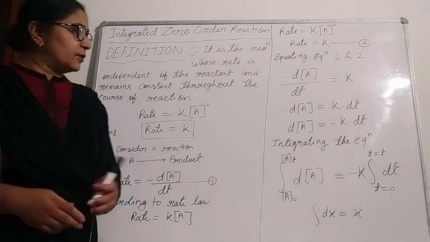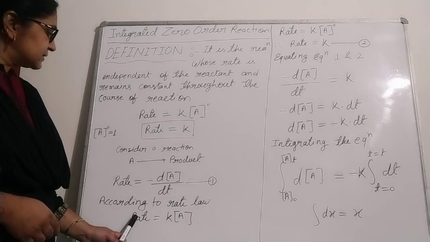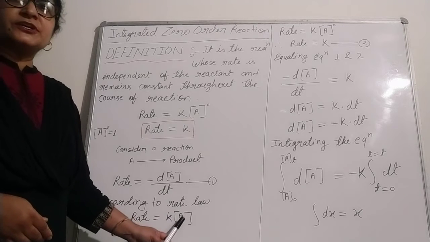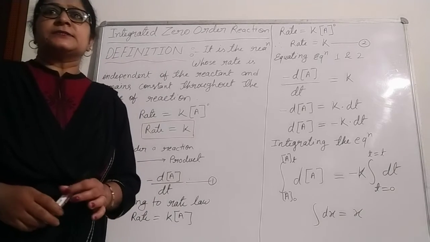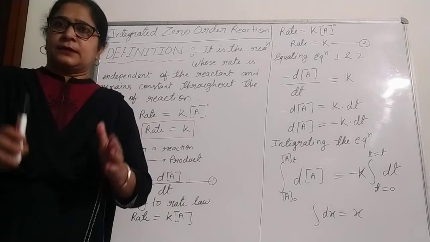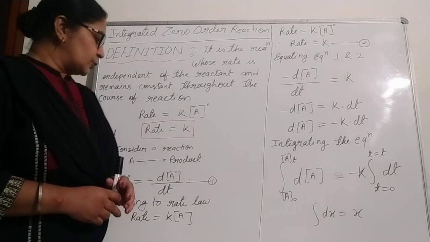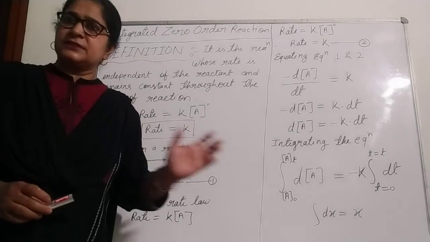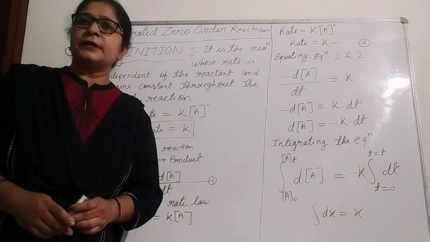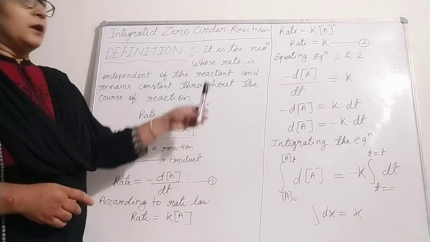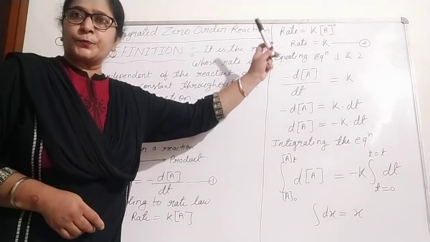So let us see, according to the rate law, rate is nothing but K into the concentration of A raised to x. But since it is a zero order reaction, the experimental value of x in this case will be 0. So for a zero order reaction, rate is equal to K times A to the power of 0.